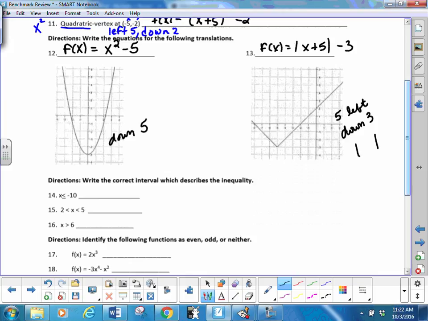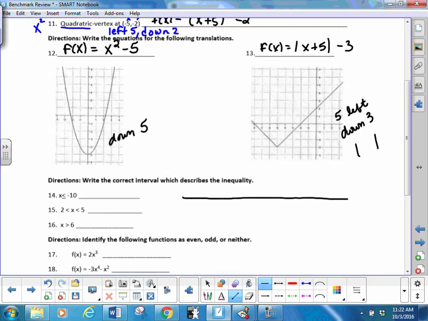Write the correct interval which describes the inequality. We got to think back to the first test. For this part, I'm not going to show you on all of these, but let me show you how you can kind of sketch these out if you're having a hard time visualizing these. Okay, so x is less than or equal to -10. So I'm going to put a -10 on here.